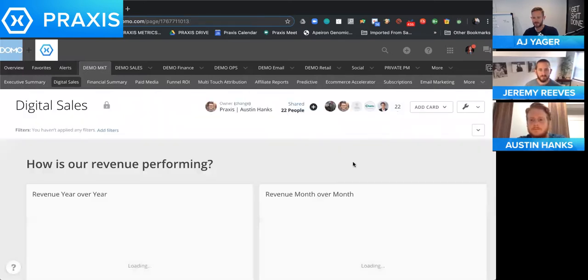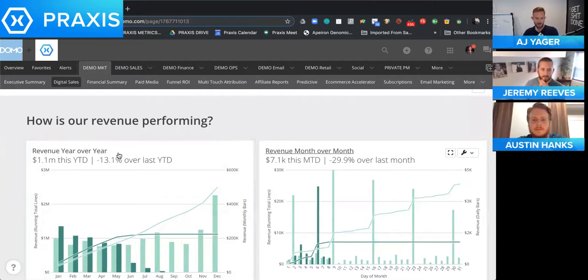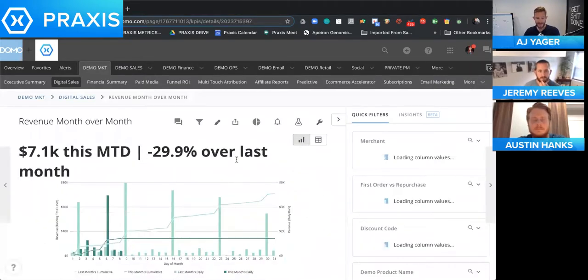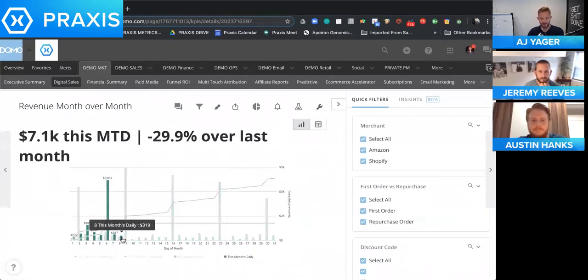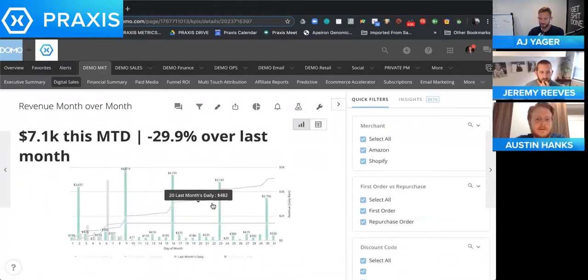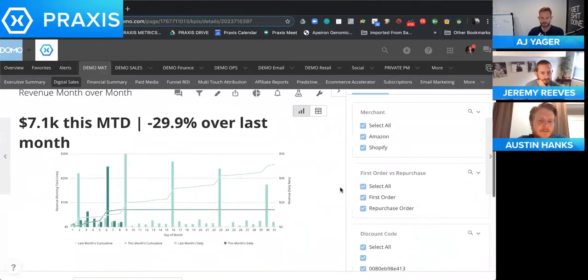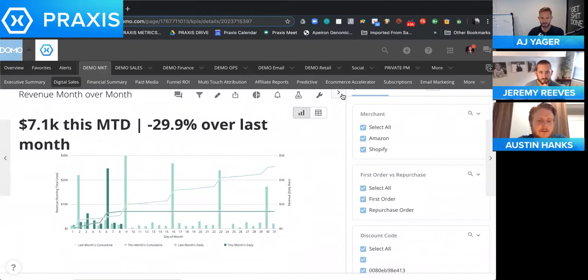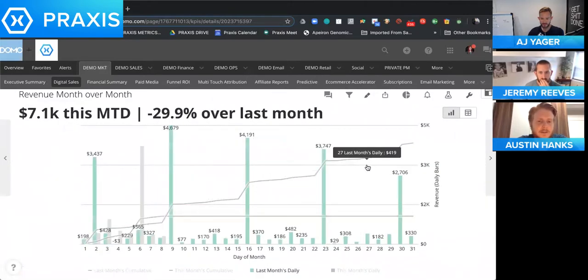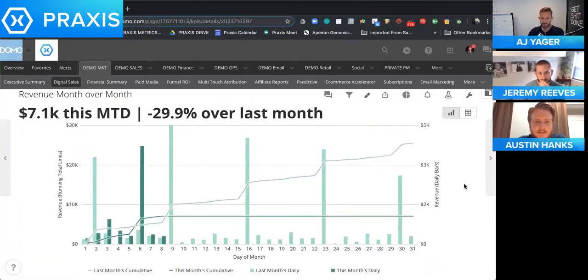So month over month and year over year, we were really focusing more on the year over year one. The month over month is basically the exact same. You're just going to get that more granular view of it, right? Yep. So I think the trend lines are even more important in this graph, and the bars a little bit less, because you've got weekends on different days of the month.